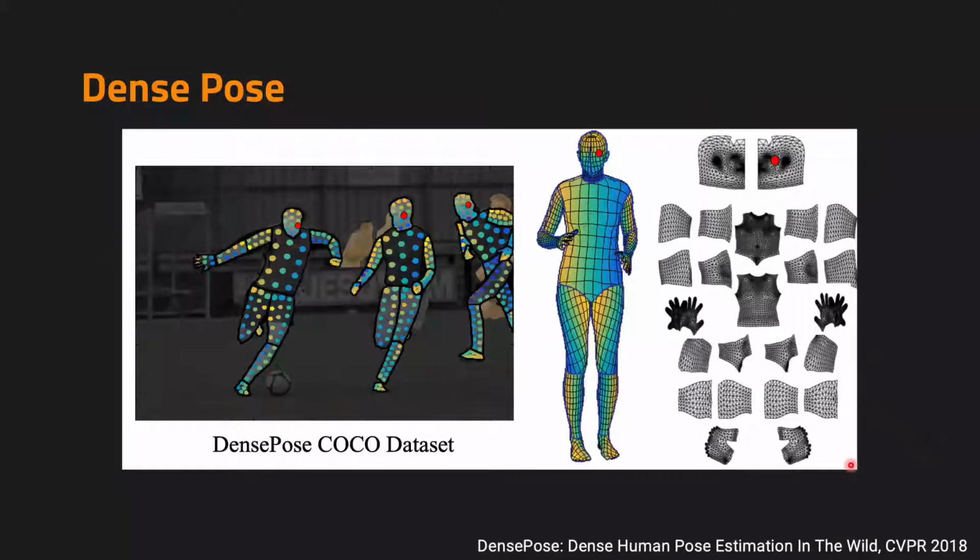And in a recent paper called DensePose, they try to densely locate the key points on the human body instead of extracting only the skeleton. And we can segment different body parts and also locate the key points on each part.